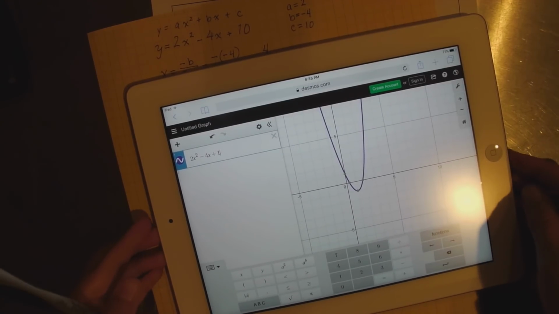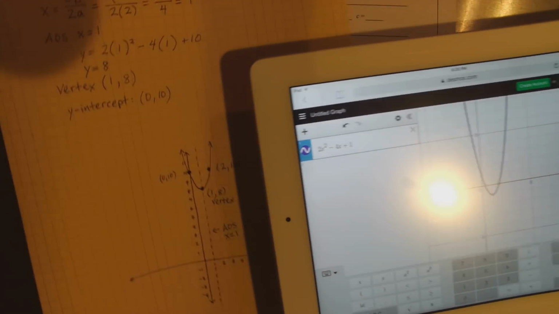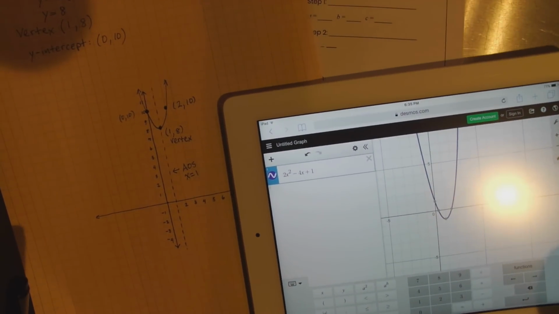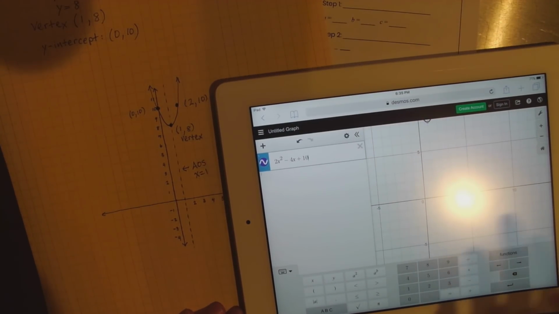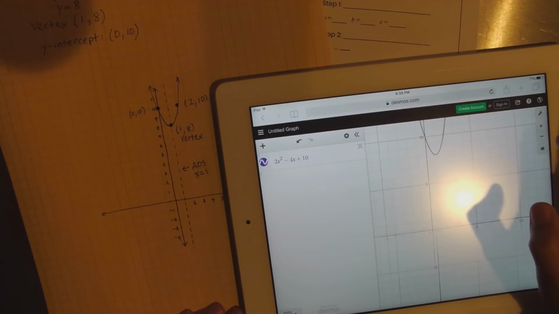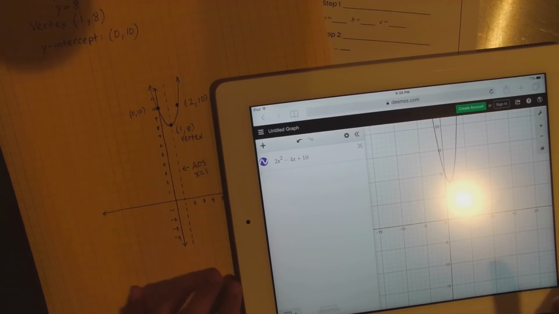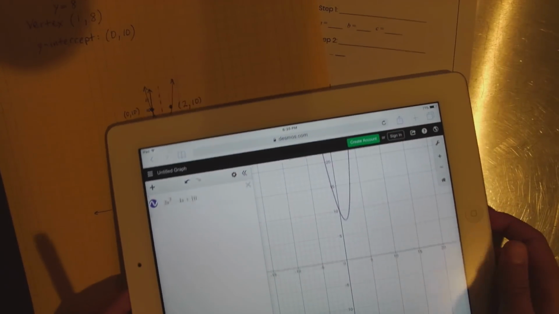Okay, so looking at this graph and looking at the one that I have, it looks about the same, right?